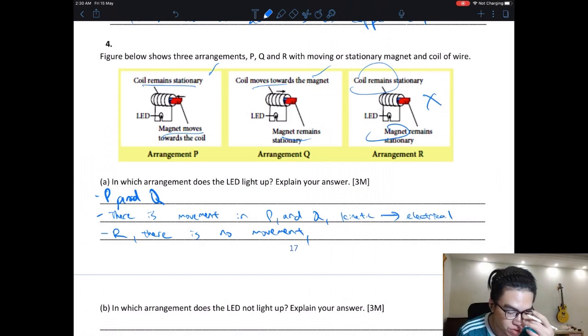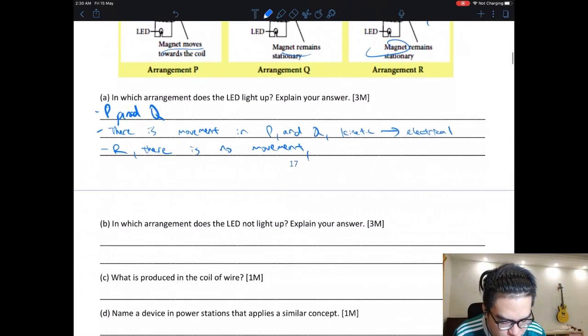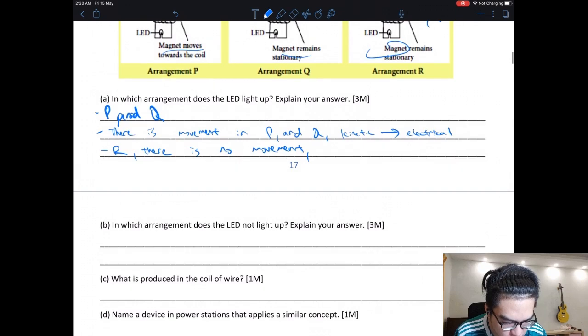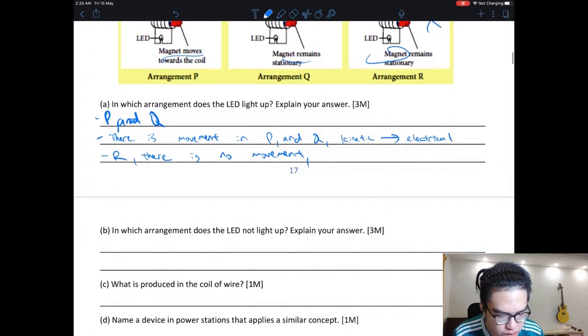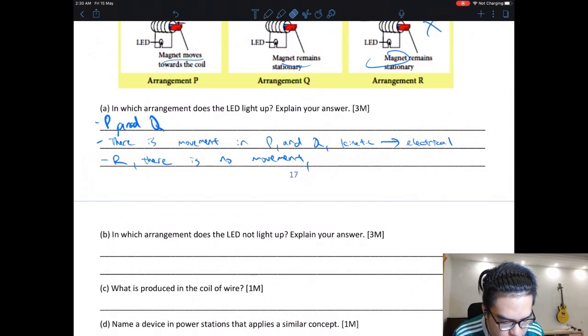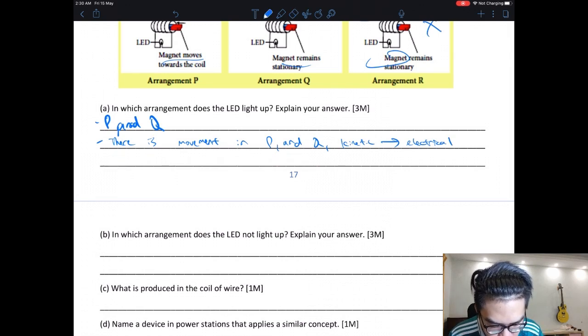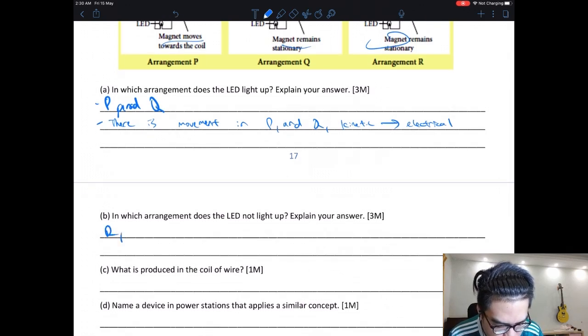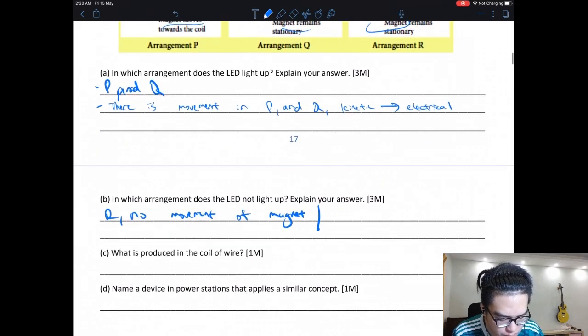So 3 marks here is to give 3 points. In which arrangement does the LED not light up? I don't think you need to explain R here. You move it to here. So R, because no movement of the magnet or the coil, so no kinetic converted to electrical.